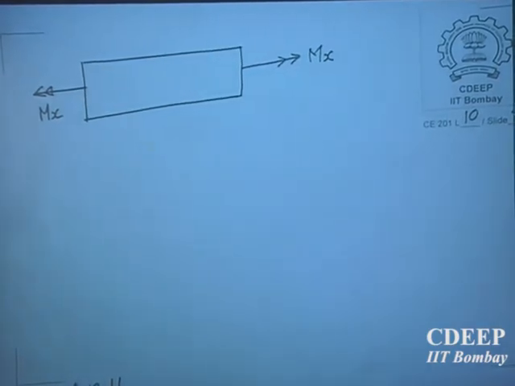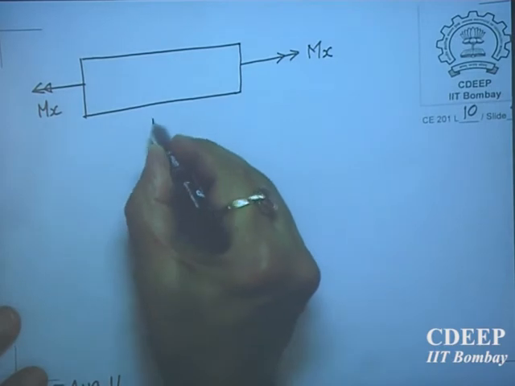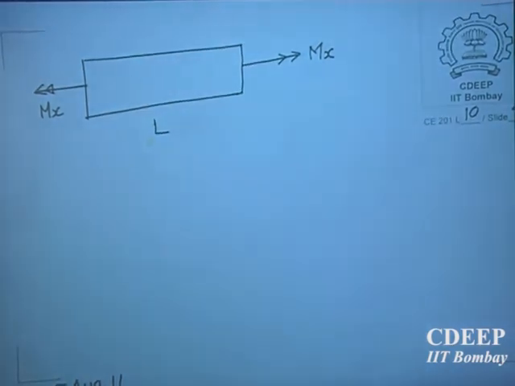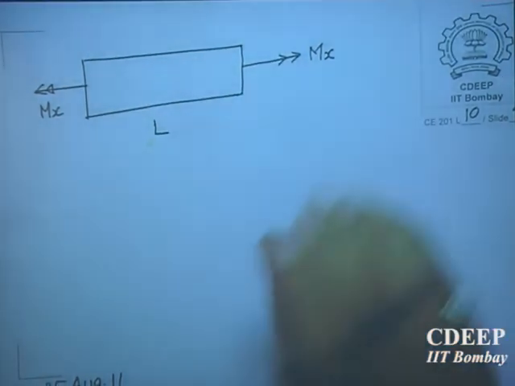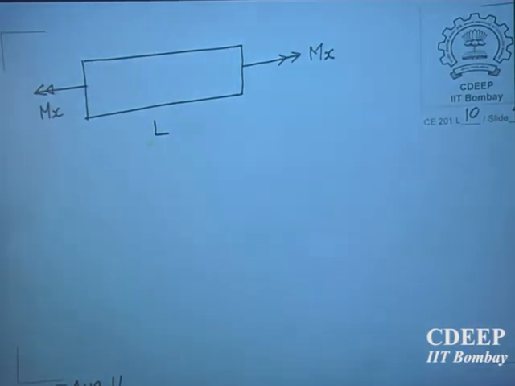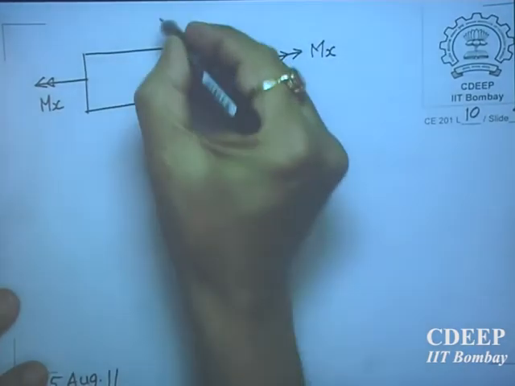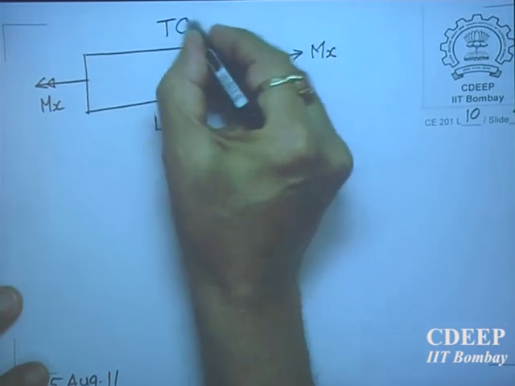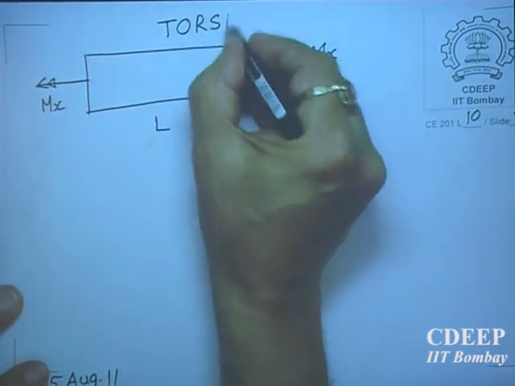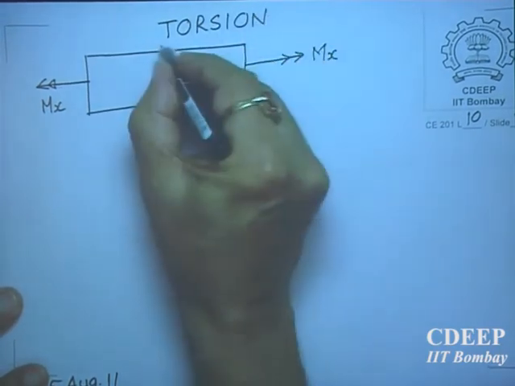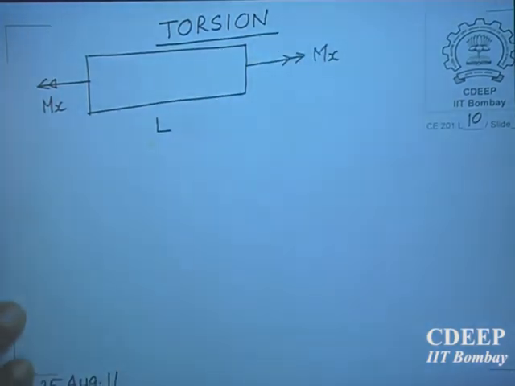A slender member, same length L and cross section, and it is subjected to, we call it a slender member subjected to what? What kind of? Torque. So, torsion. So now we are talking of torsion. Now, when a slender member is subjected to torsion, here the cross section becomes important.